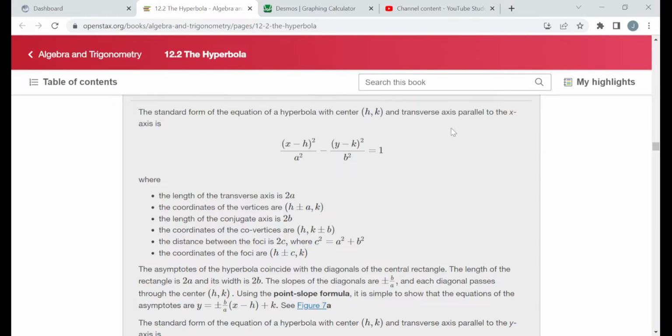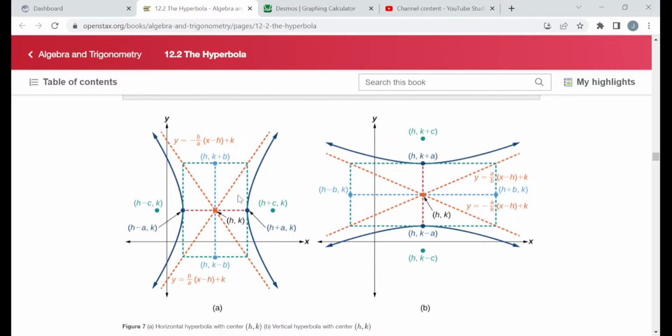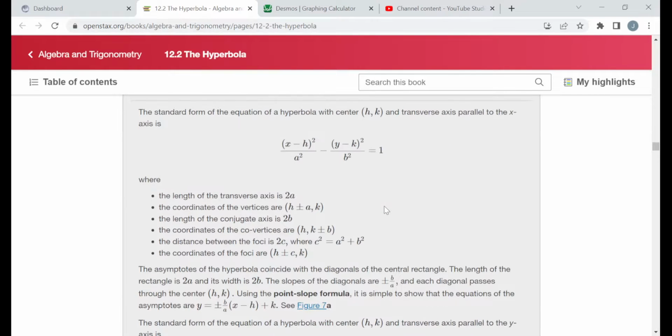If the transverse axis is parallel to the x-axis, or horizontal, meaning the two curves open to the left and to the right, as in the left picture here, then the equation in standard form will look like this: the quantity x minus h squared divided by a squared, minus the quantity y minus k squared divided by b squared, equals 1.